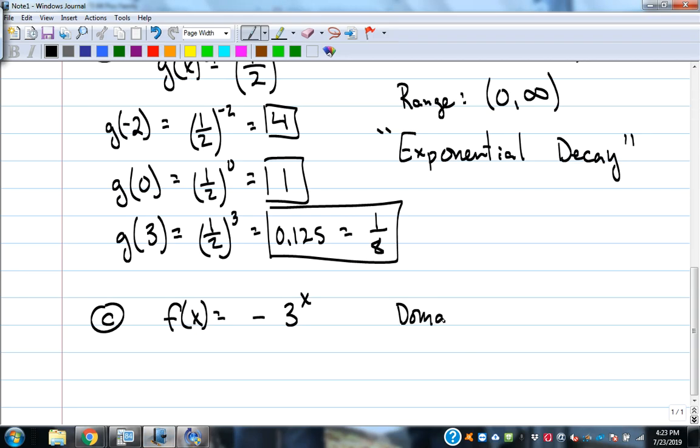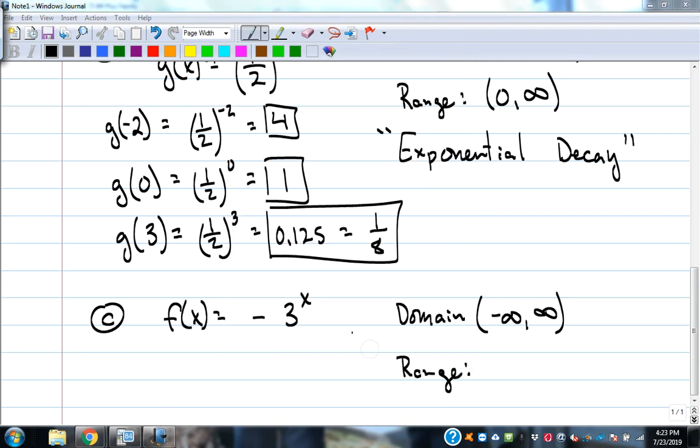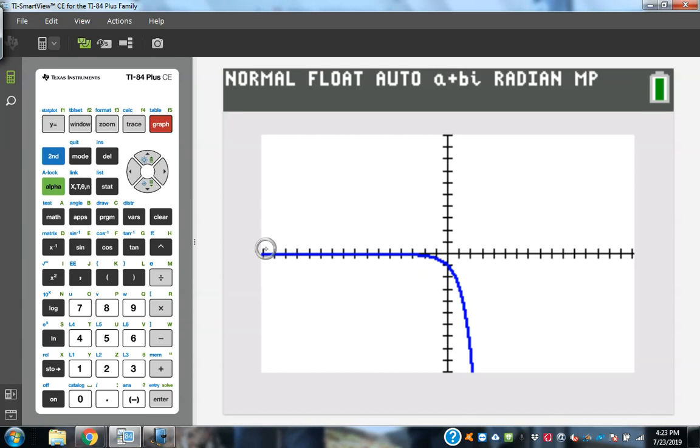So this has a domain from negative infinity to positive infinity, just like the other one. The range flips over on this one, though, because the highest value is 0, and the lowest value continues on down to negative infinity if we keep going.